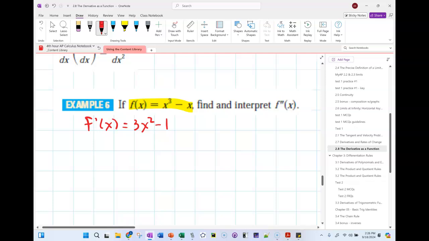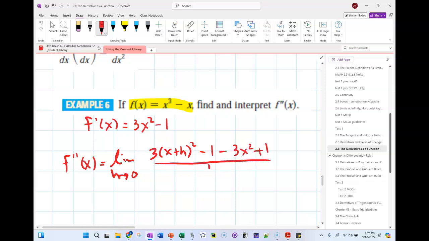So f double prime of x is going to just be the limit as h goes to 0 of this guy, right?